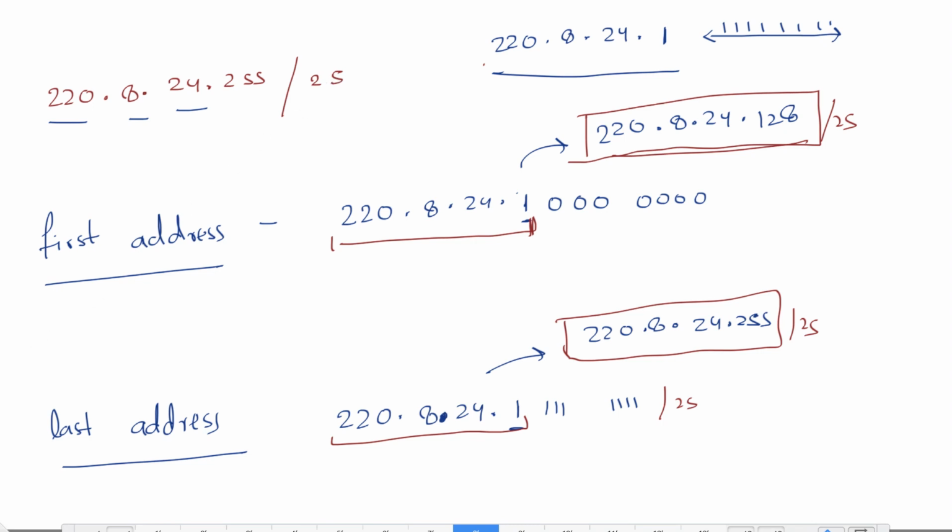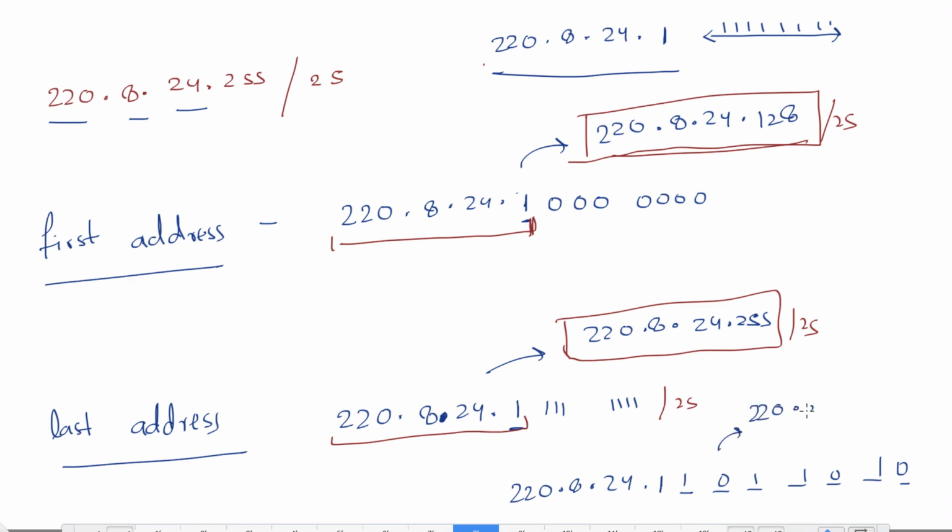Let me just change it. Let's say you have some IP address which is 220.8.24, and this one bit is fixed. Then let's suppose some random number here, like 1011010. Let me count how many bits there are: 1 2 3 4 5 6 7, and let's suppose the last bit is 0. This is also representing the same network. Let me convert that into decimal.